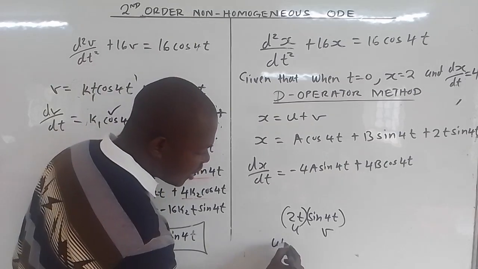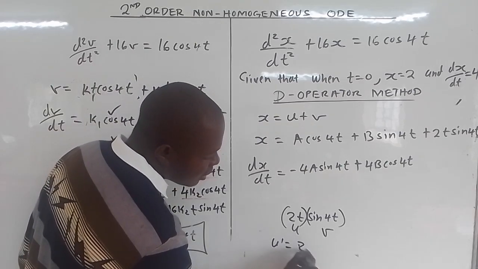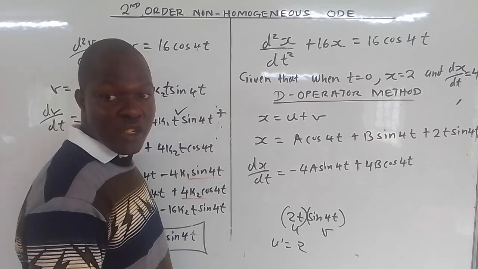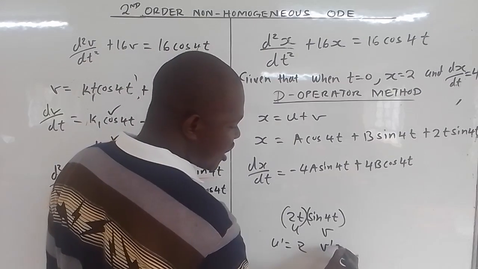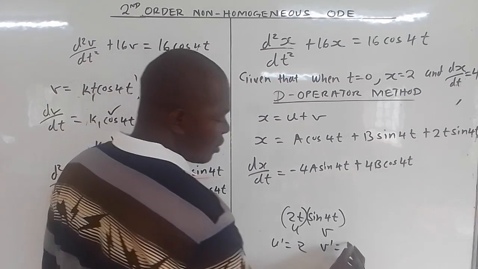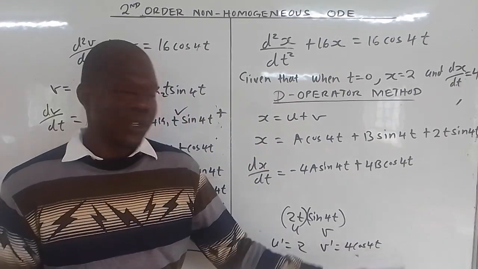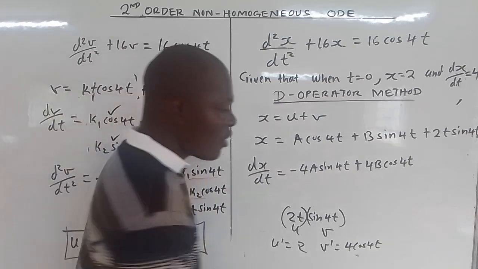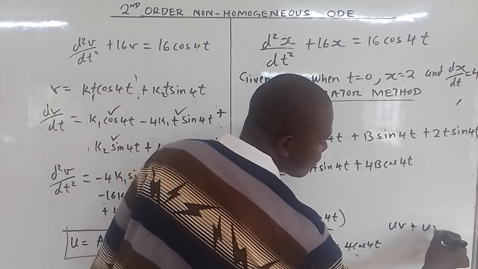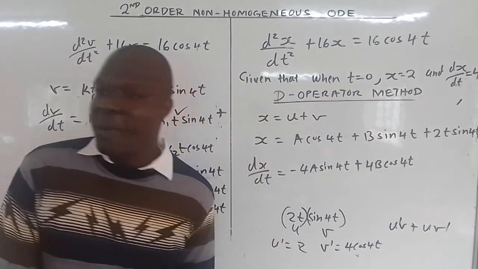So if you differentiate u, you get what? If you differentiate 2t, you get 2. And if you differentiate v, if you differentiate sine 4t, you get 4 cos 4t, isn't it? So what do we have in the product rule? u'v plus uv', this is u prime, the other one is v prime, isn't it?